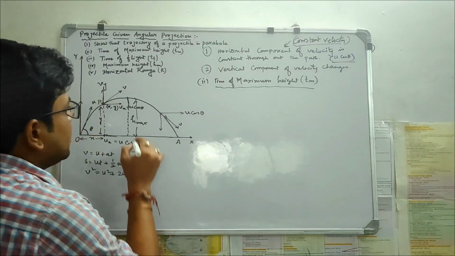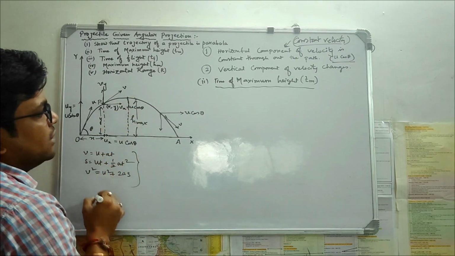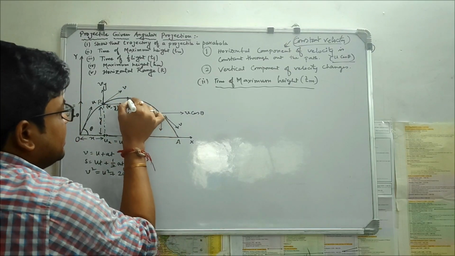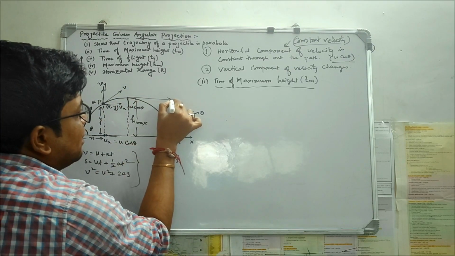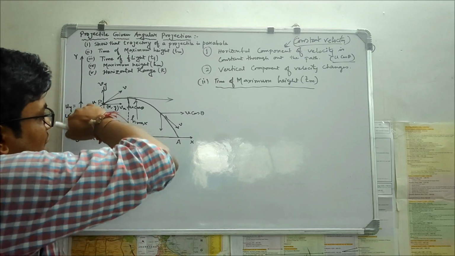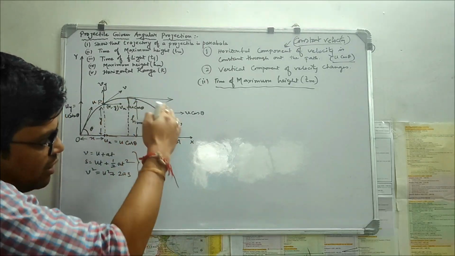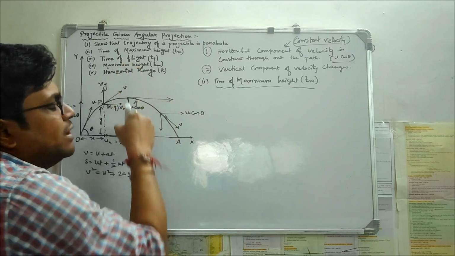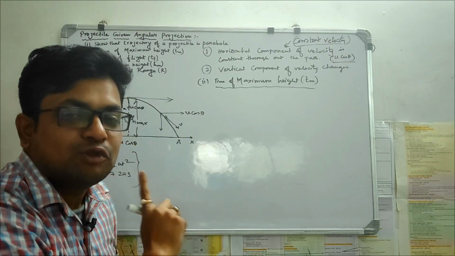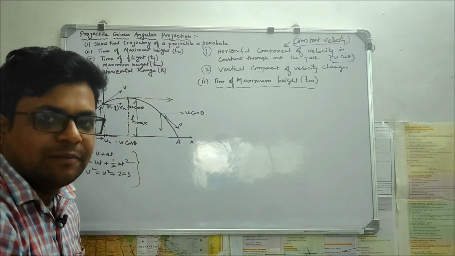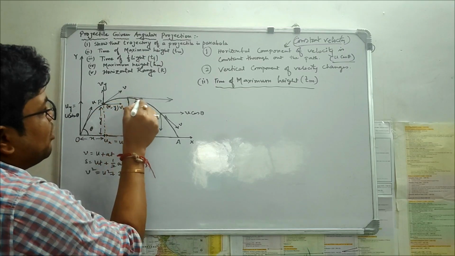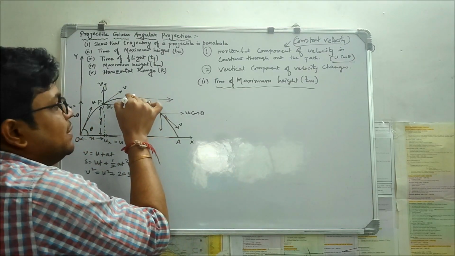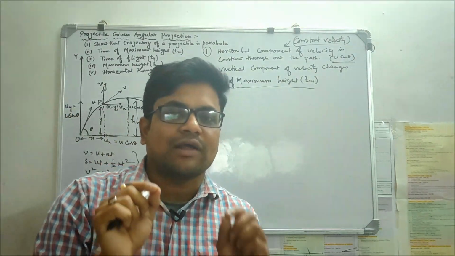First of all, if we take the velocity component at the maximum point, you can see it is only a horizontal component, because the curve is continuously moving like this. Is there any vertical component? No, there is no vertical component at the maximum height. At each and every other point there will be vertical as well as horizontal components, but only at the maximum height there is only a horizontal component.